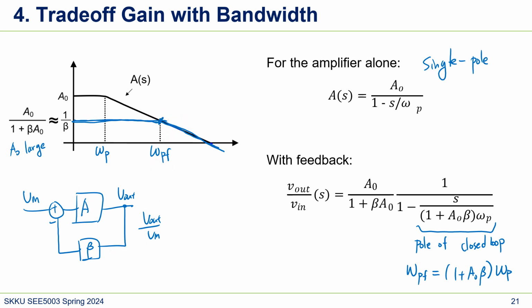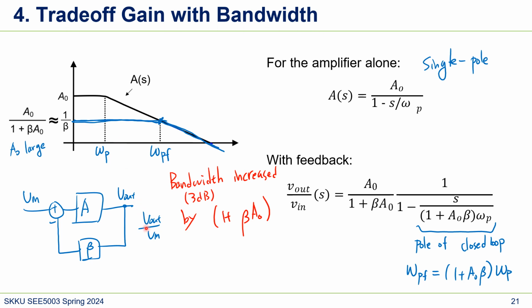So the bandwidth increased. When I say bandwidth, the 3 dB bandwidth increased by 1 plus beta A0. So that's why we say there is a trade-off between gain and bandwidth.